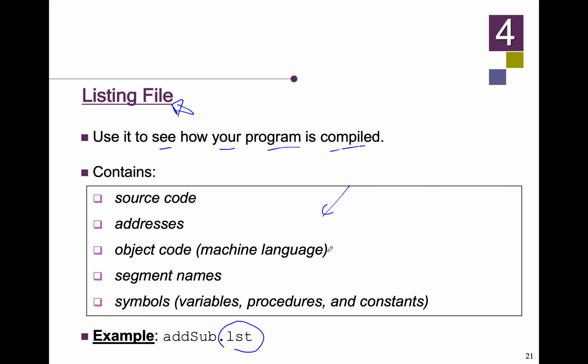You open it using Notepad, then you can see its content. First, source code, your address, your object code, your segment name, and lastly your symbols, which contain your variables, your procedures, and also your constants. So this is inside your listing file. If you try to open it, then you can see the overview much clearer.